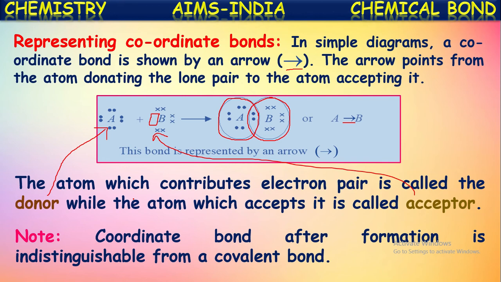So that is the difference between the covalent bond and coordinate covalent bond. But once after the bond formation, this coordinate covalent bond is completely indistinguishable from a covalent bond. Means both will be similar. After the bond formation, covalent bond and coordinate covalent bond are both similar.